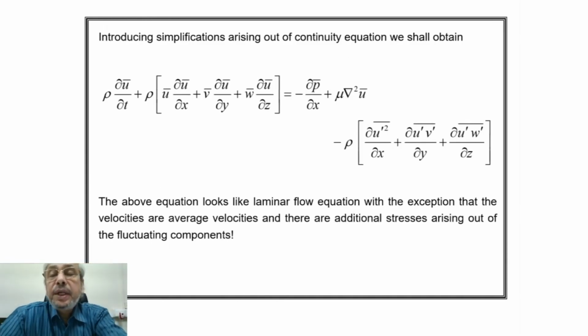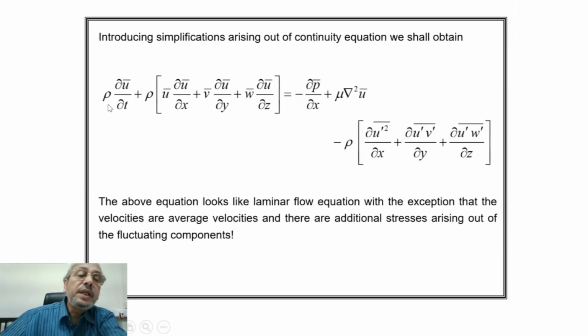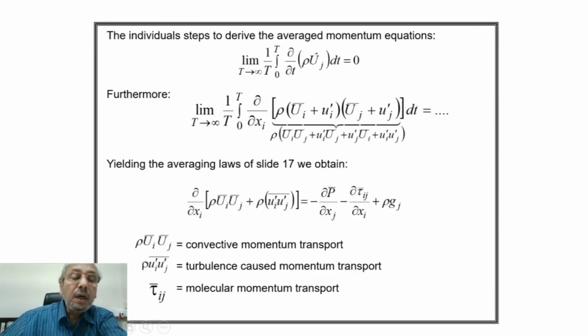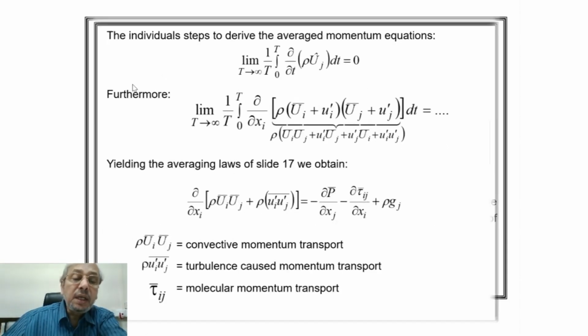If we want to write this as the x direction momentum equation, this term is 0. The time average term, rho del del t of u bar, for steady flow in a time average sense, can be made 0, which has been done here.